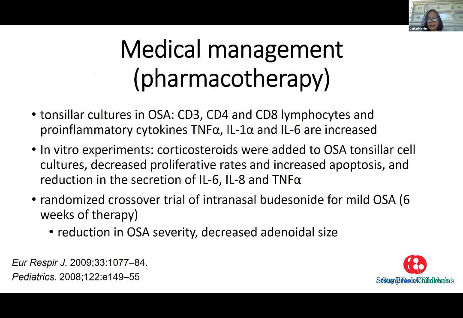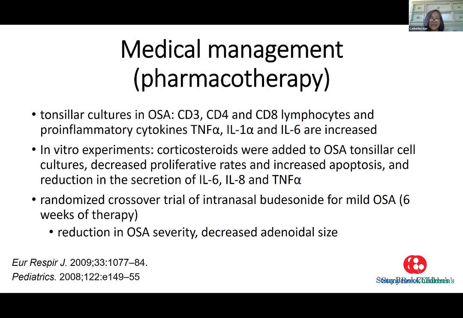Now let's talk about medical management. We know that intranasal steroids and leukotriene antagonists, or Montelukast, are recommended as part of your medical management, short of surgery or post-surgery. When they look at the tissues of OSA patients, there are increased levels of pro-inflammatory cytokines.